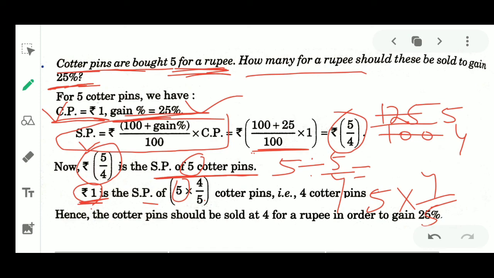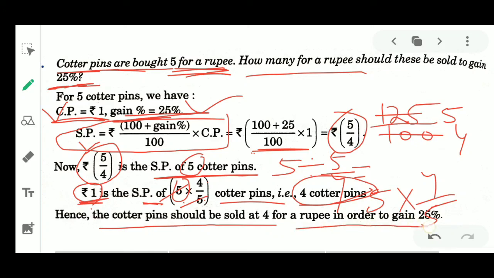So for 1 rupee, the selling price is 5 multiplied by 4 by 5 cotter pins. So 5 will be cancelled here. So that is 4 cotter pins. Hence the cotter pins should be sold at 4 for a rupee in order to gain 25%.